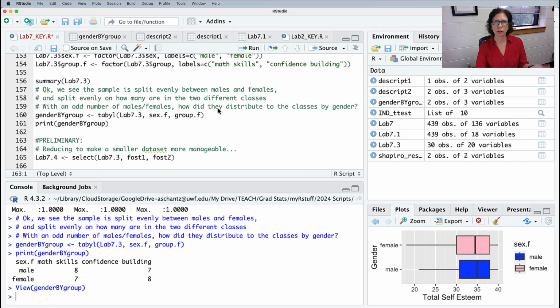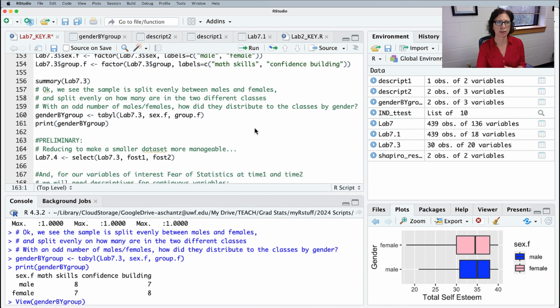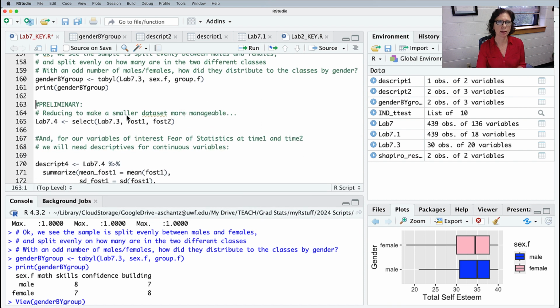Okay, so a lot of prep, just getting things in there, getting an idea of what these variables are, and now we're ready to start our preliminary work, getting this stuff ready to analyze. We can make a smaller data set more manageable, because for the paired t-test, we're only really concerned with the scores of fear of statistics at time 1 and the scores of fear of statistics at time 2.